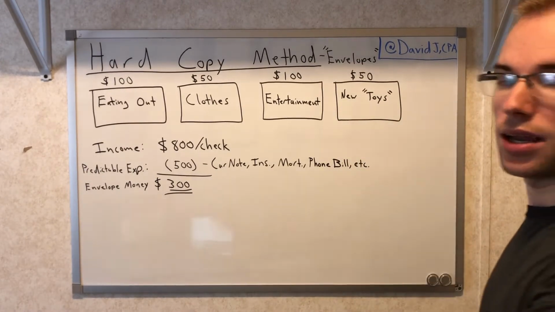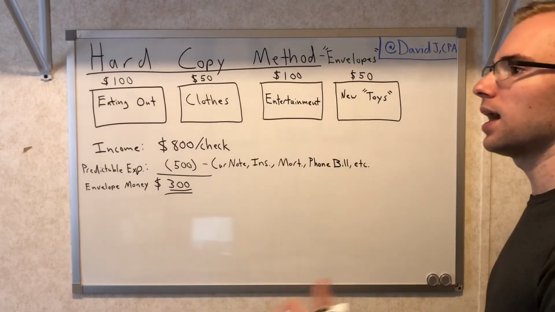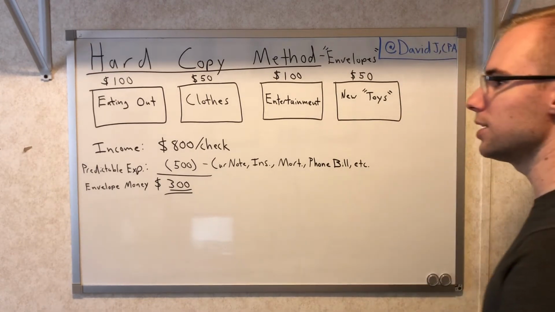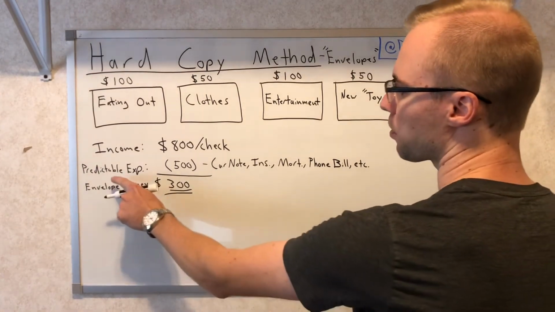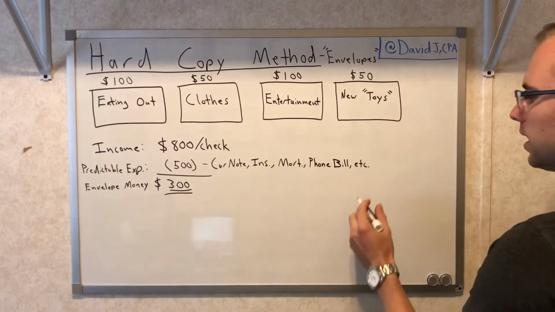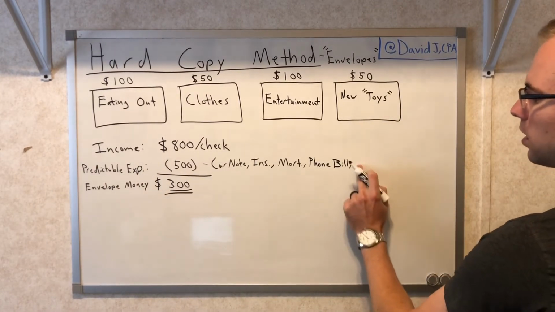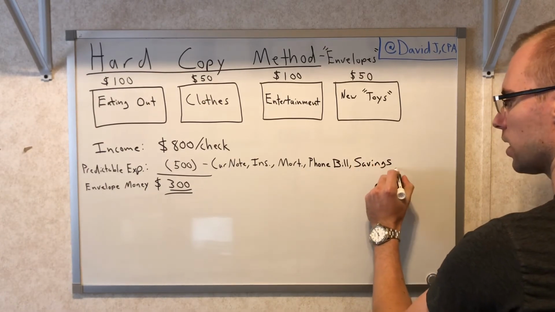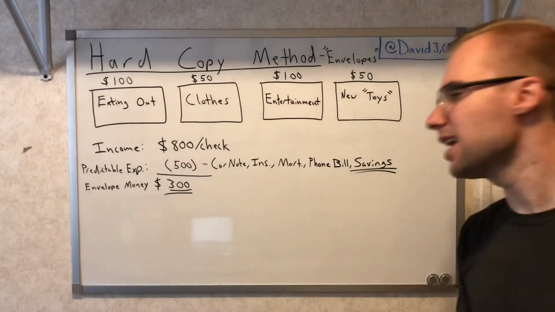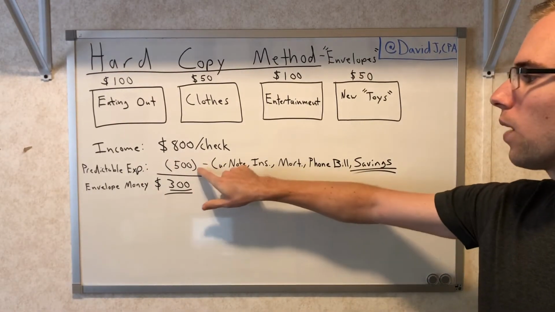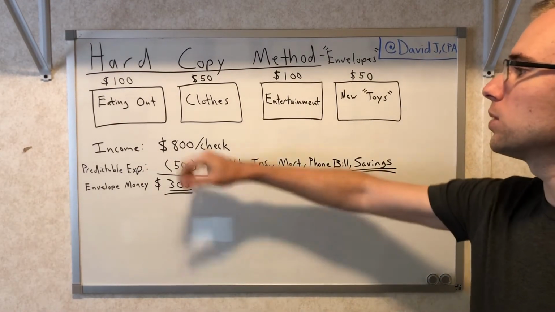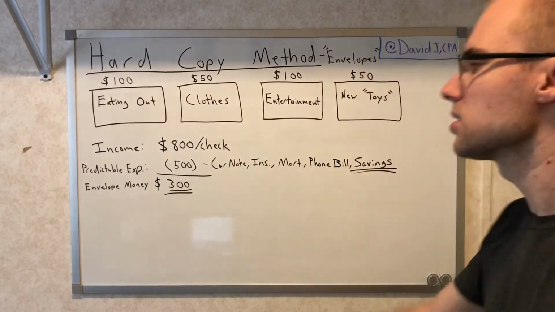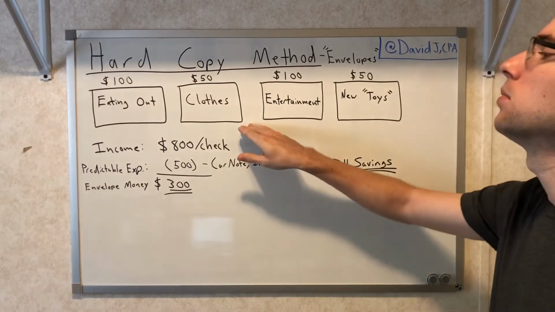Now, a good suggestion that I would like to give you, just as a tip for watching this all the way to the end, is that in your predictable expenses, go ahead and take out that etc. and add what? Savings. Okay? We want to make sure that savings is being put in right off the top, not after we done spent our money on lavish things, stuff that we really don't have to do, but stuff that we want to do.